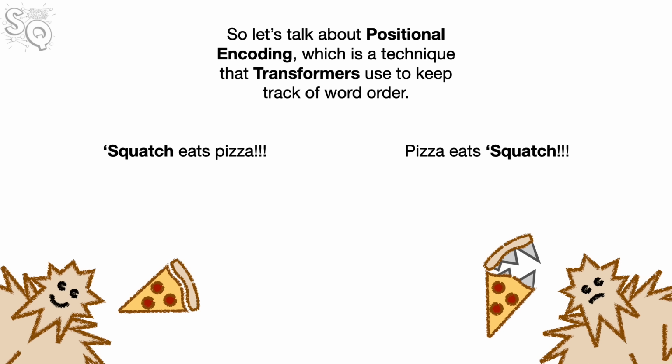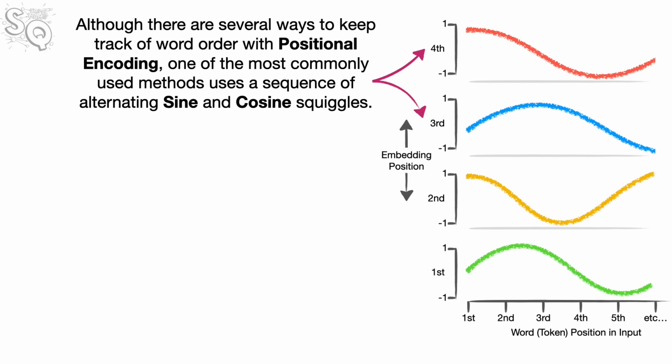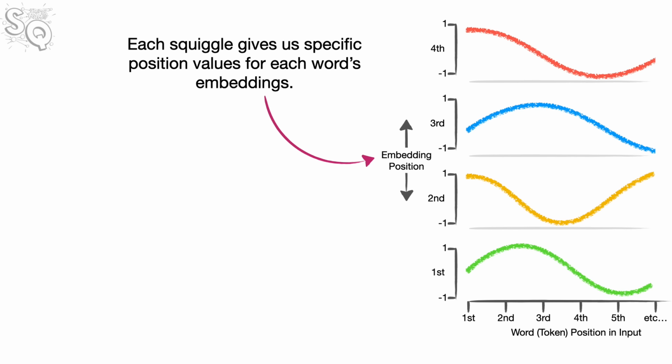So let's talk about positional encoding, which is a technique that transformers use to keep track of word order. Although there are several ways to keep track of word order with positional encoding, one of the most commonly used methods uses a sequence of alternating sine and cosine squiggles. Each squiggle gives us specific position values for each word's embeddings.